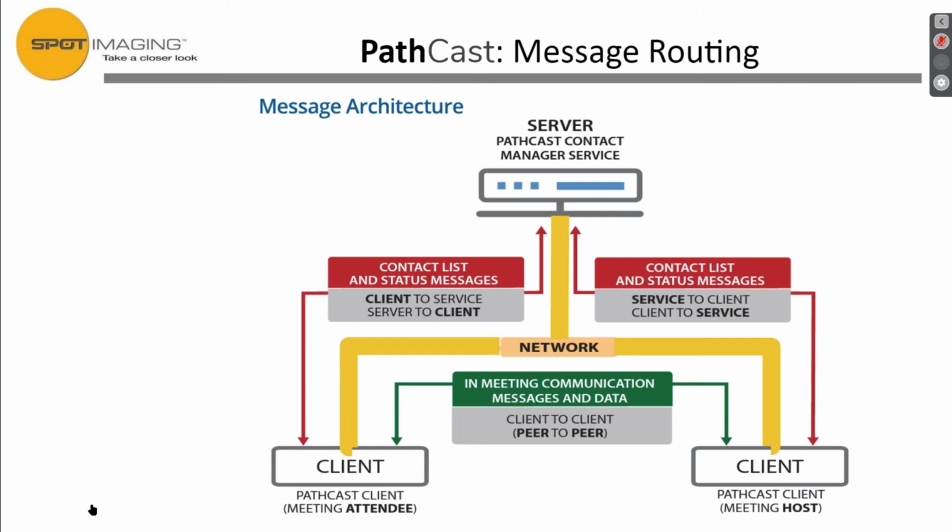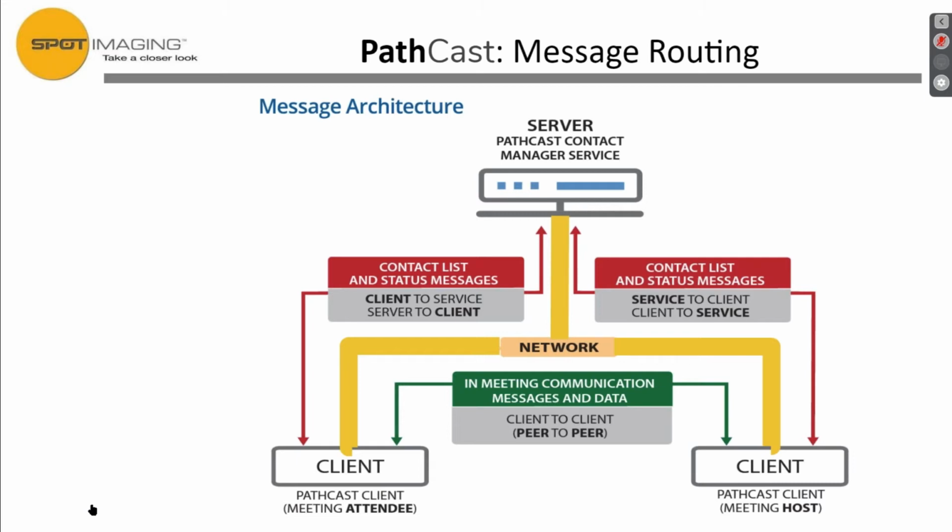That's because the network is dynamically assigning IP addresses out, and so no one has, quote unquote, a fixed IP address. So it signs in, provides the contact information as well as the IP address to the server. The server then feeds back to all the clients that are on that contact list.